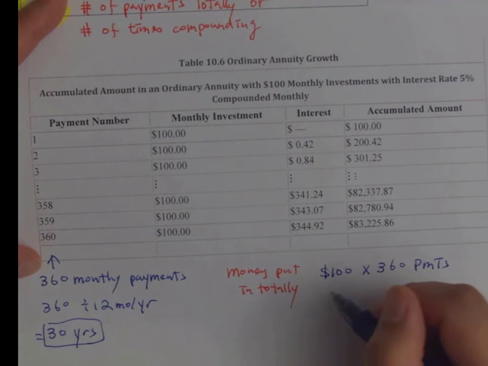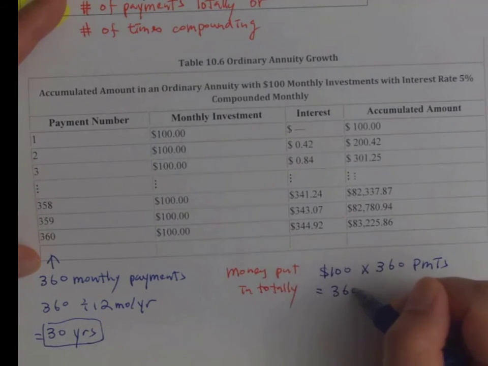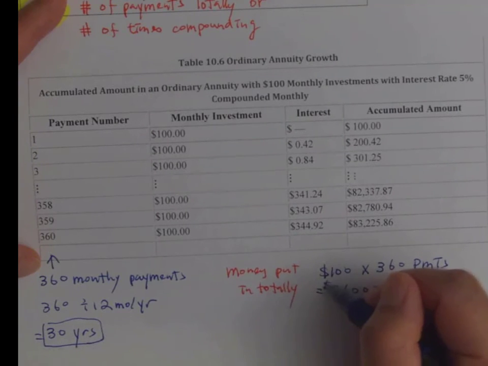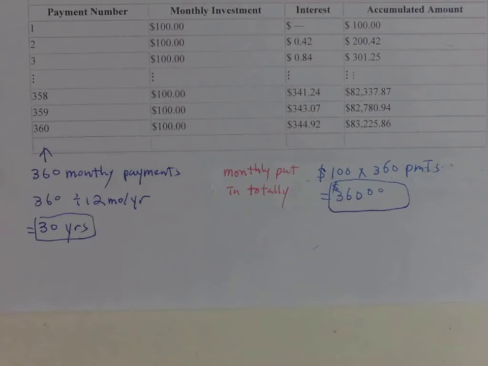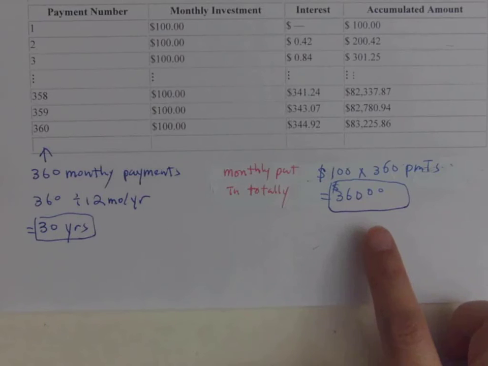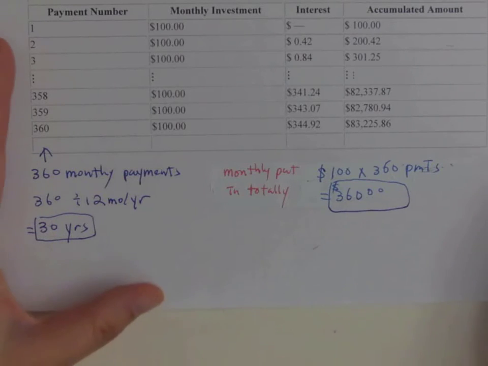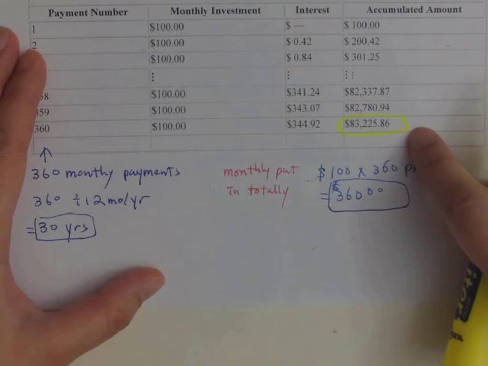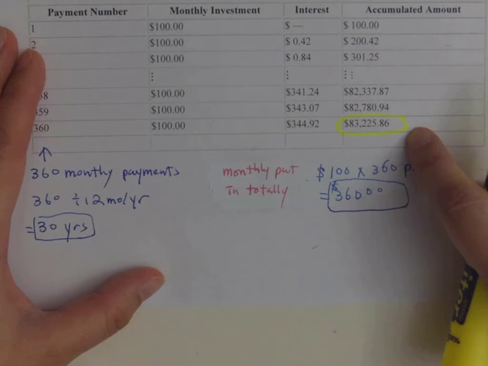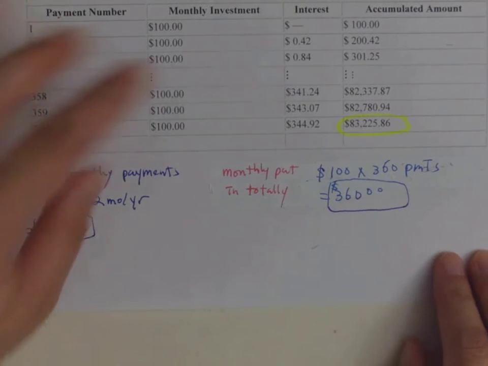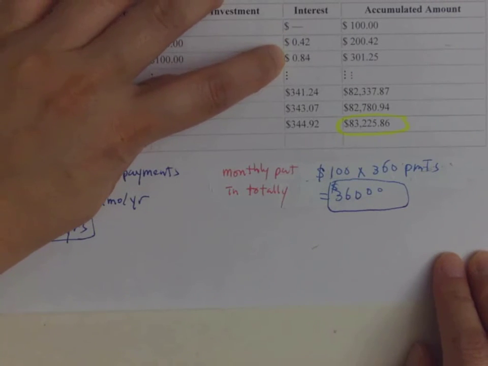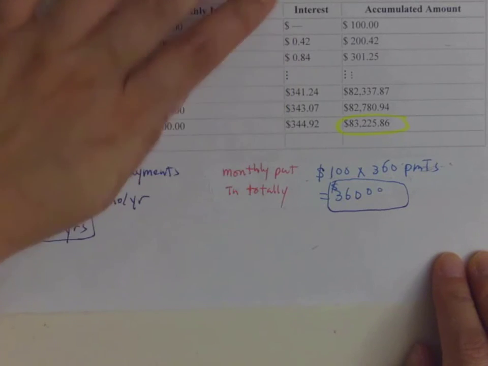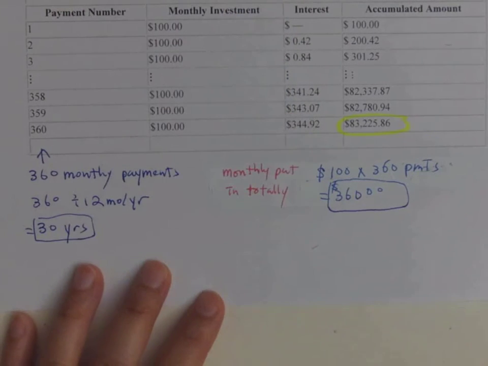So totally I'm going to put in 360 and 2 more 0s, right? So you totally put in $36,000, but it looked like at the end of the time, 30 years, you get $83,225.86, right? Because each period, each month, you accumulate a lot of interest, and when you add them together, it's a lot of interest.